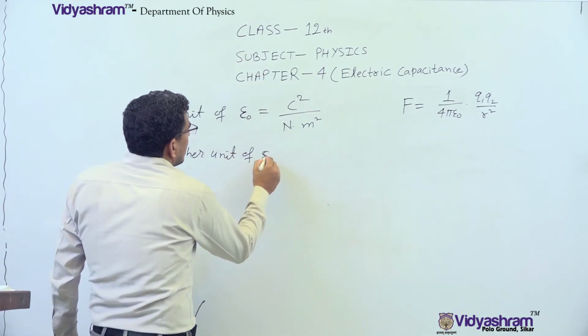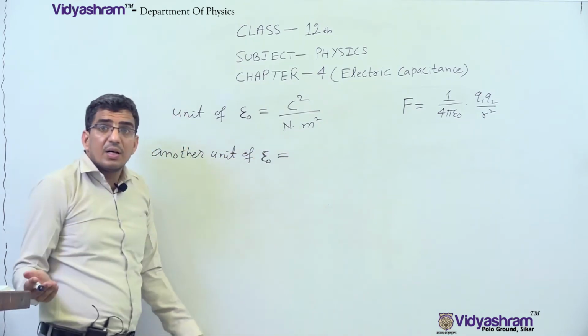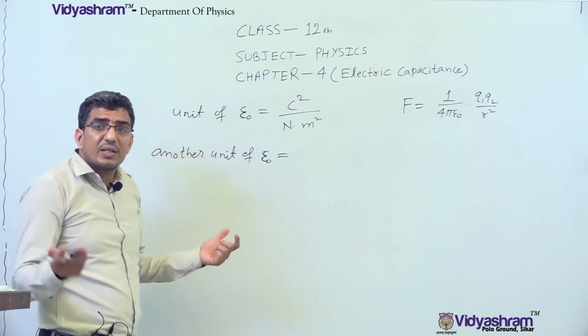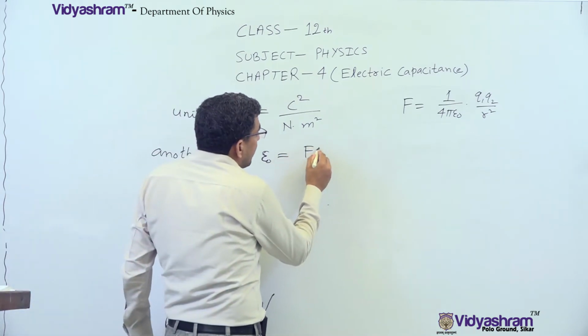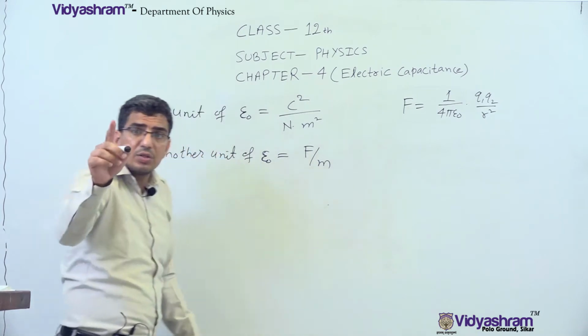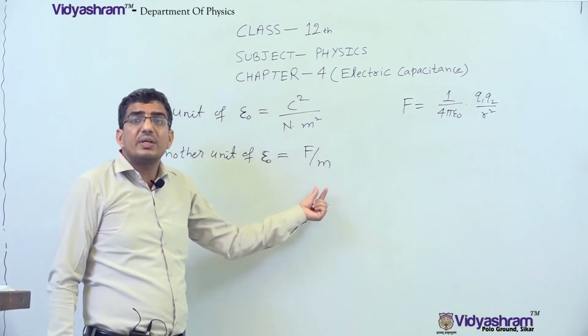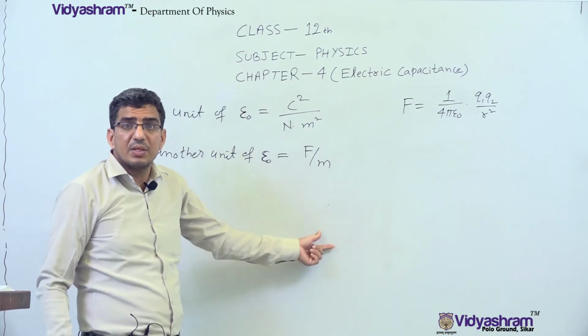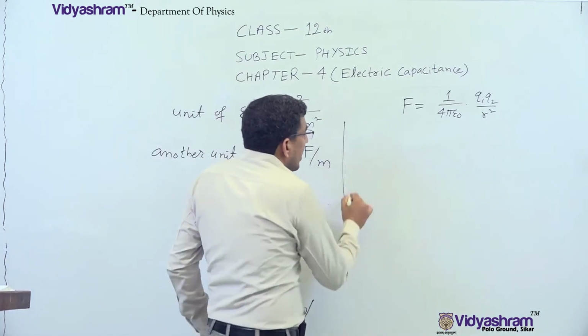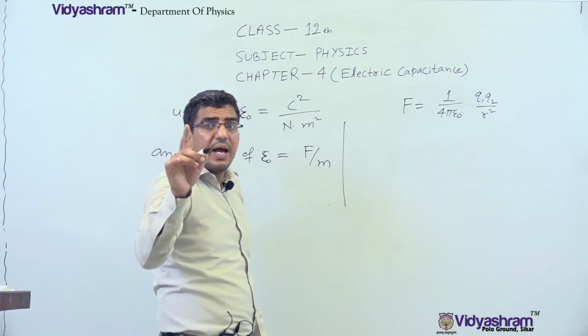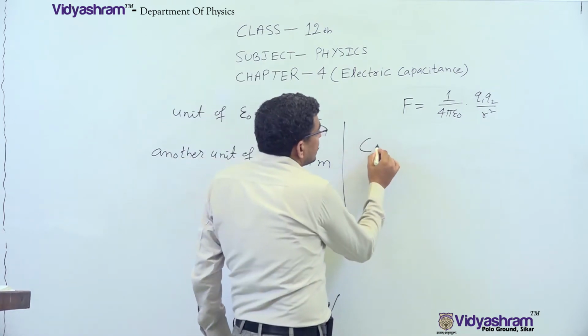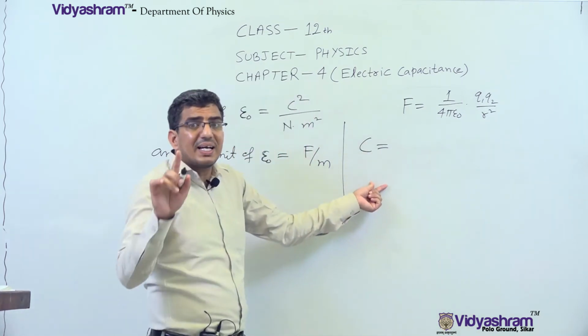Another unit of epsilon naught is farad per meter. How does it come? Listen to me.